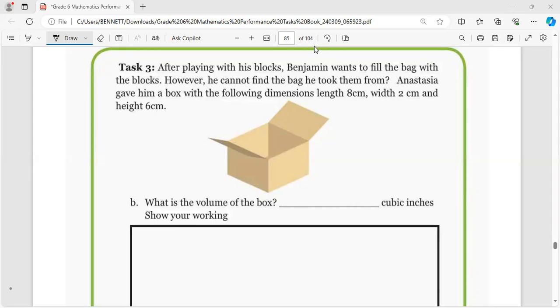Correct. Barry, there's no unit. The unit is not correct.